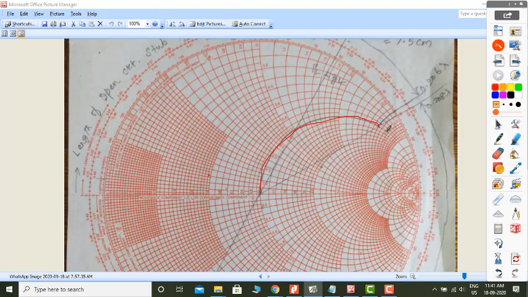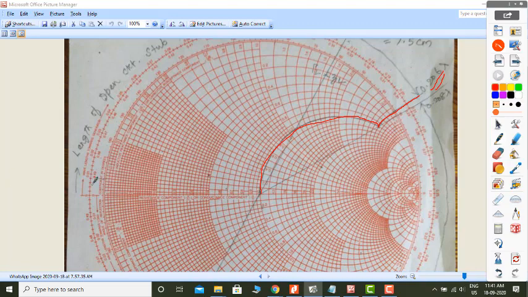Now you mark the reactance. You extend the reactance circle and read the distance scale on wavelength towards generator. So this is 0.206 lambda.